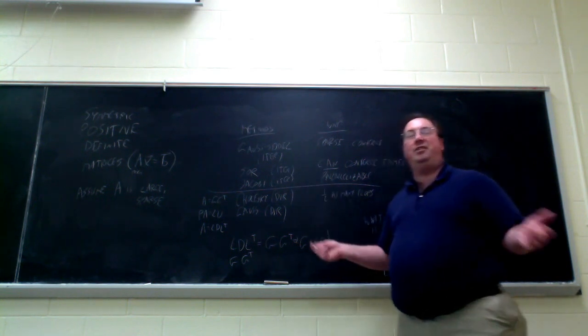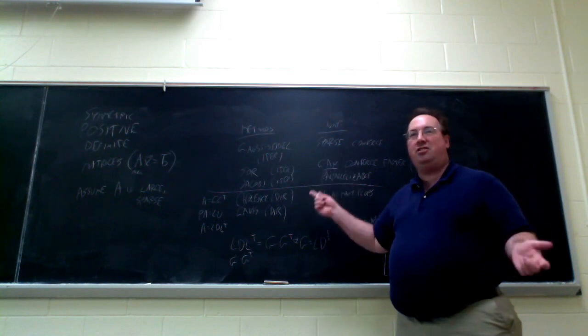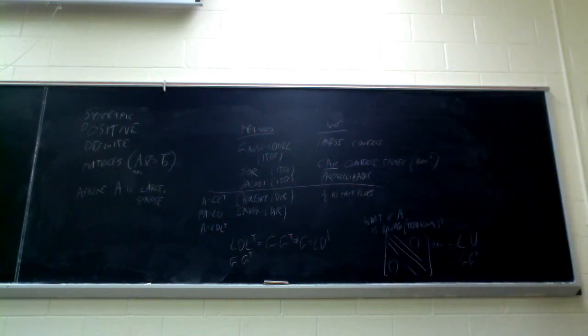There's two classes of iterative methods, and these three are what? Stationary. These are stationary. So now let's start taking a peek at non-stationary, and I'm going to stick with this more discussion format for as long as I can, just because, well, it's fun.